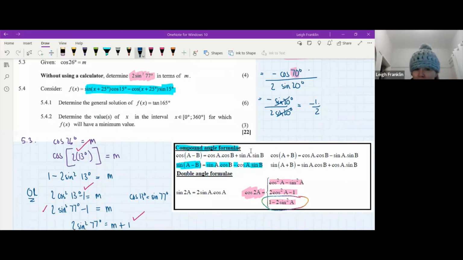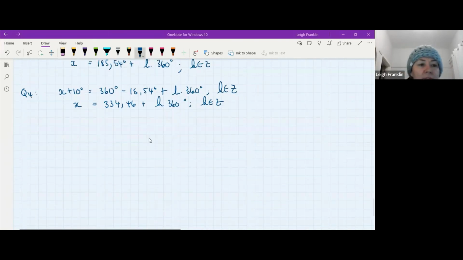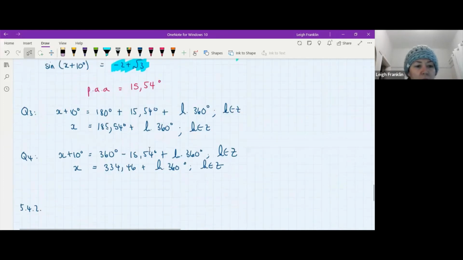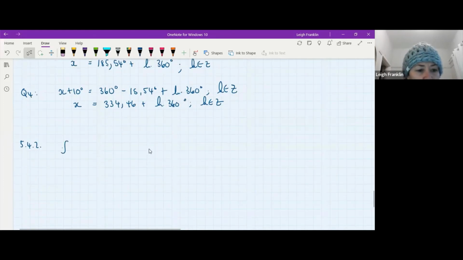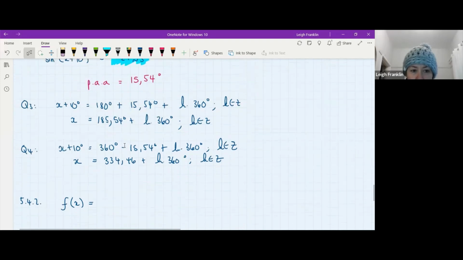They wanted us to determine the values of x in the interval between 0 and 360 for which f of x will have a minimum value. This is question 5.4.2, if memory serves me correctly. We agree that f of x is the function sine of x plus 10. Do you agree?